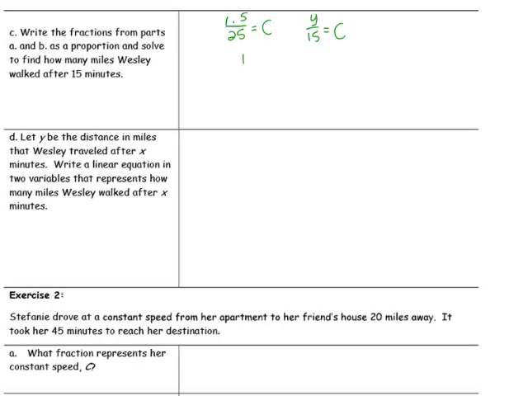So we have 1.5 over 25 is equal to y over 15. Remember, that's the transitive property of equality. Next, write your linear equation and solve for y. So we have 25y is equal to 1.5 times 15.